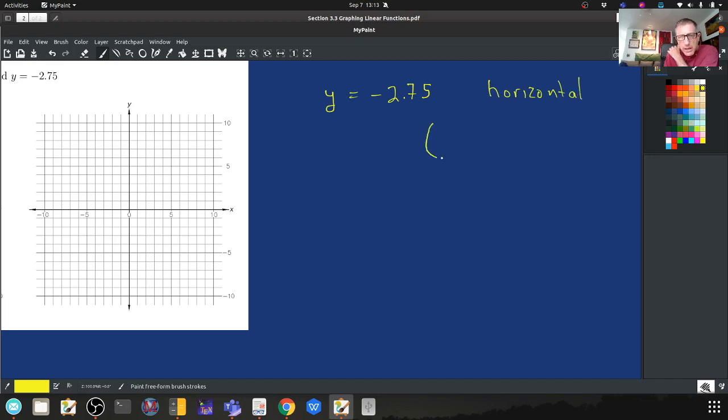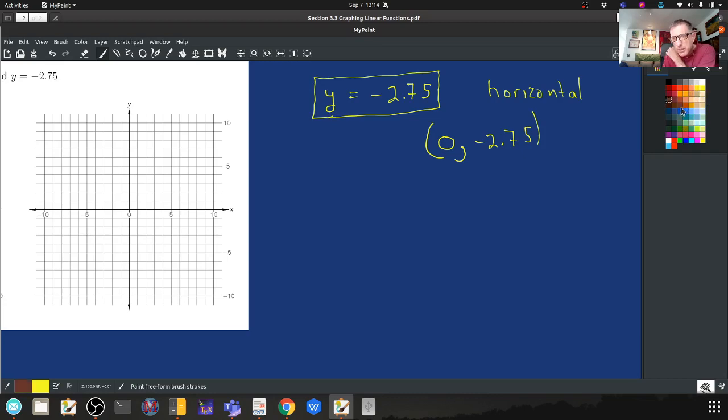So its y-intercept is (0, minus 2.75). And every point on the line has the y coordinate equal to that.